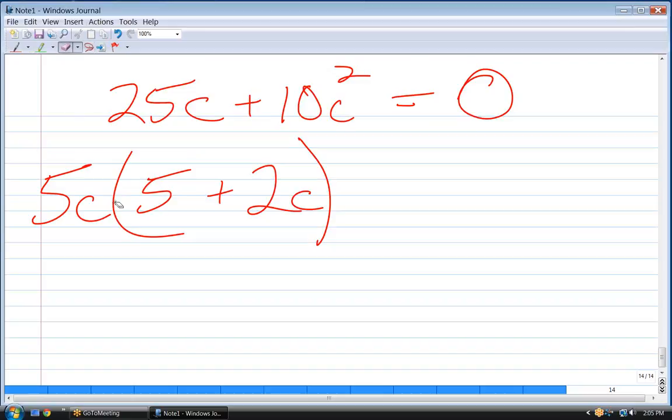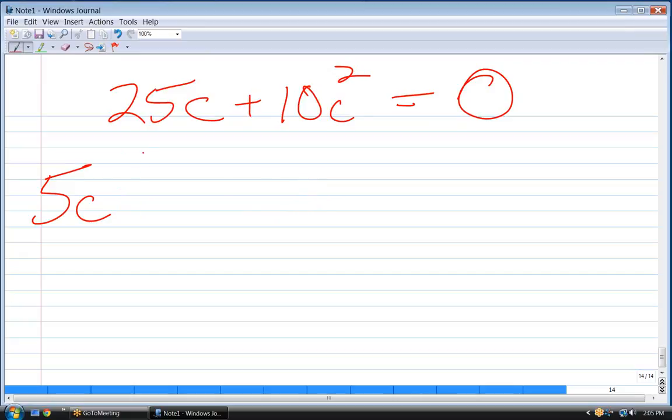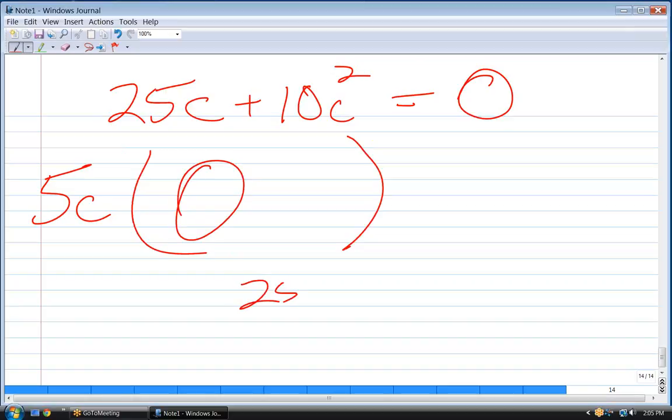Let's go back a step here. I want to make sure that you're thinking about this correctly. What's going to go inside here? Well, what goes there is 25c divided by 5c. That's equal to 5. I divide the numbers, I get 5. c divided by c is 1.